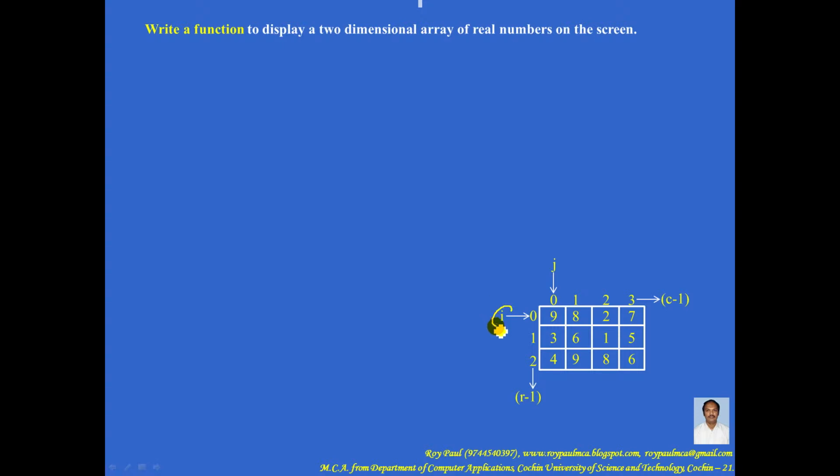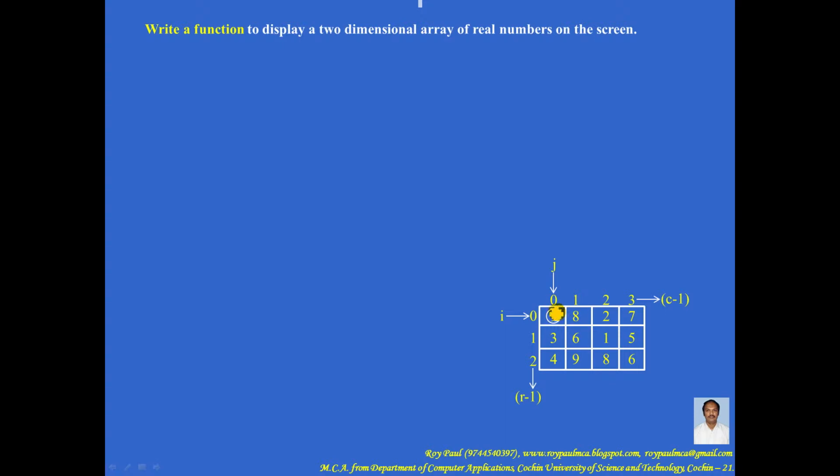So i contains the row index, j contains the column index. Initially i contains the row index 0 and j contains the column index 0. So this element is nothing but m of i j, where m is the name of the two-dimensional array.